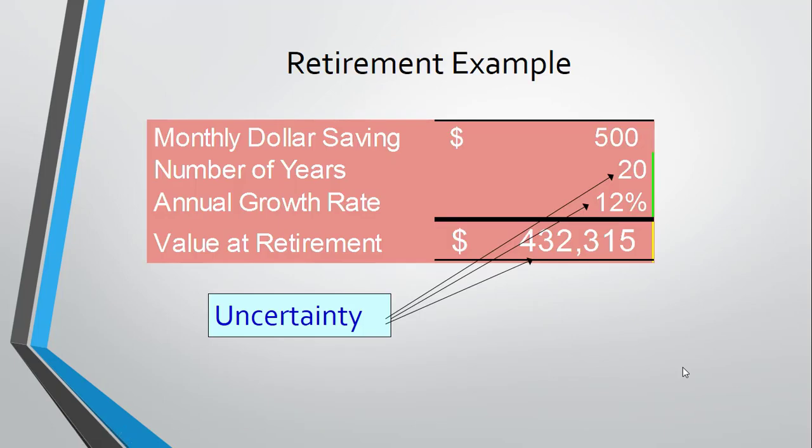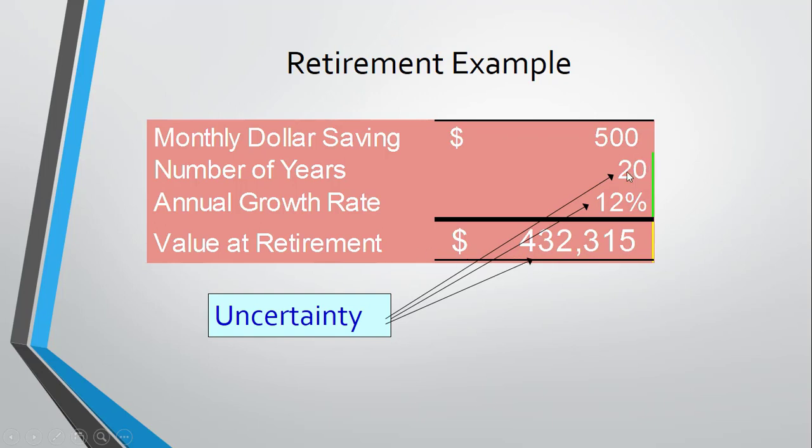Then the example of retirement is you save monthly $500. Let's say you have 20 years of time to work, then you retire, and annual growth rate, let's say 12%. If that's the case, you multiply compound rate, you get $400,000 upon retirement.